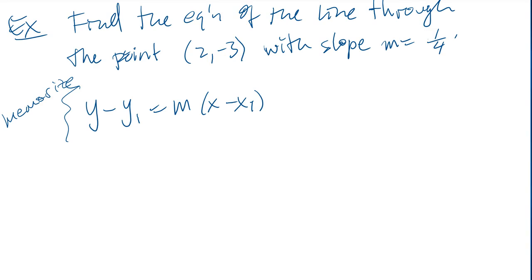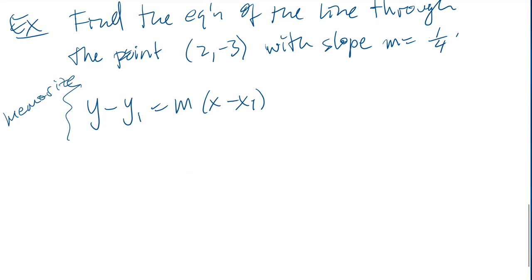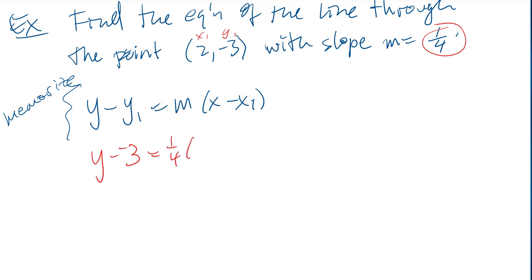So here we are. We just plug in our points. I'll do the answer in red. y minus y1, here's x1, and here's y1. y1 is -3, so y minus -3 equals m. m was 1/4, so it's 1/4 times x minus 2.